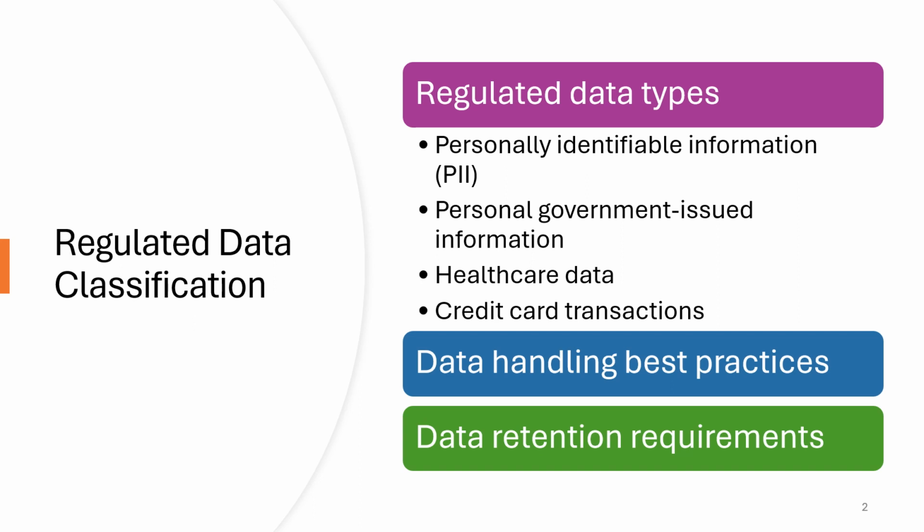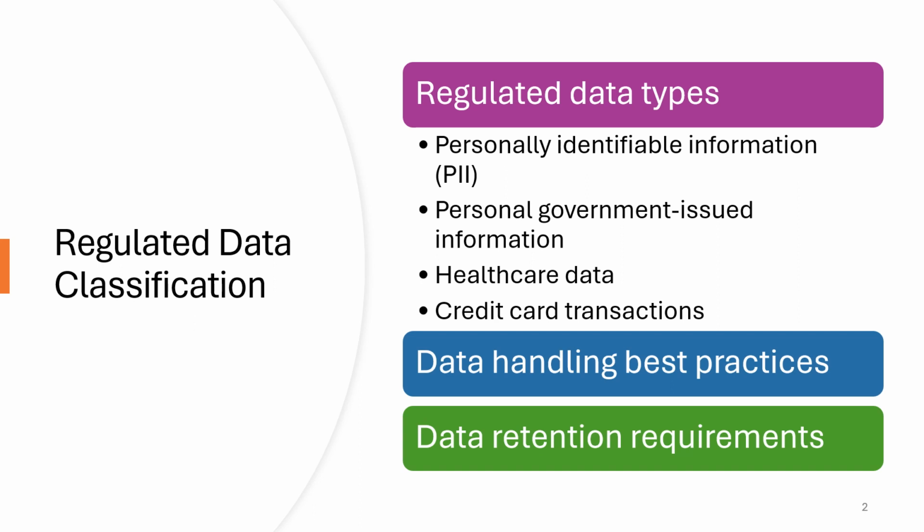So what are some of the data handling best practices? 1. Implement access controls, meaning that only authorized personnel should access sensitive data. 2. Encryption. Encrypt data at rest and in transit to protect it from unauthorized access. 3. Regular backups.